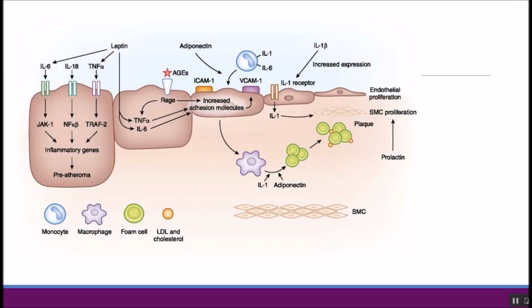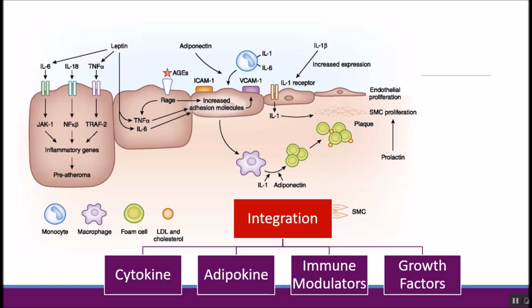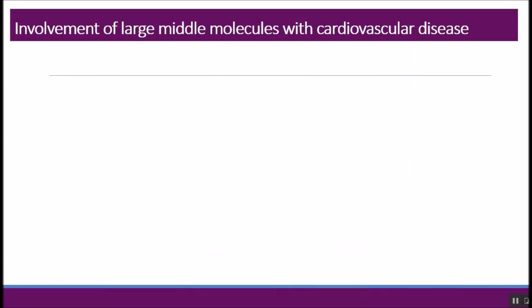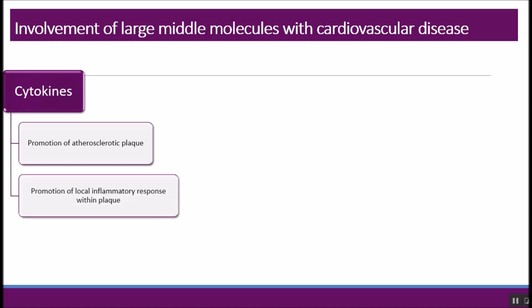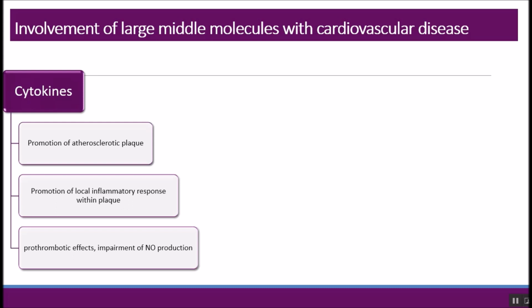There is integration of the 4 groups: cytokines, adipokines, immune modulators, and growth factors in the development of atherosclerosis in patients on regular hemodialysis. So, regarding the involvement of large middle molecules with cardiovascular disease, the cytokines promote atherosclerotic plaques, inflammatory response, and prothrombotic effects, with severe impairment of nitric oxide production, the most potent vasodilator.